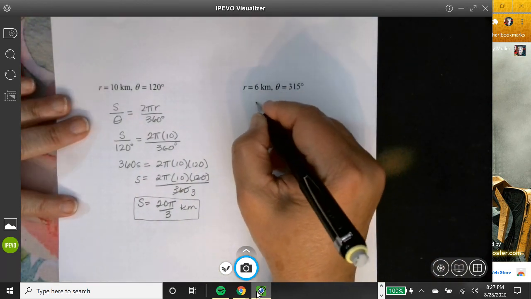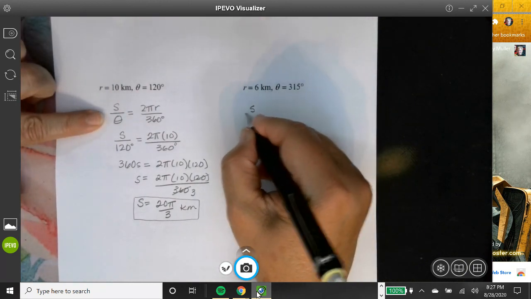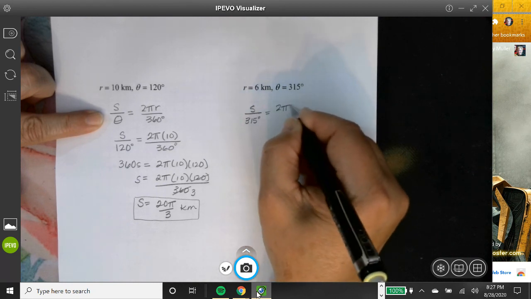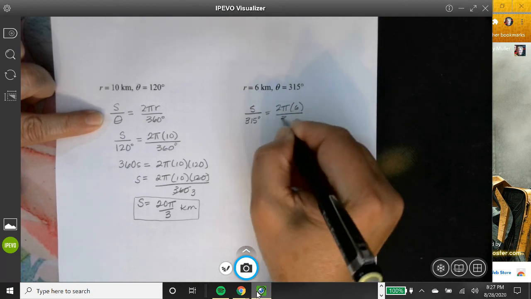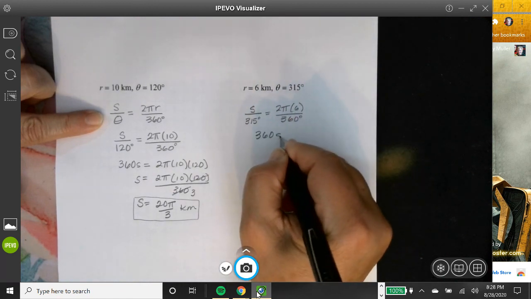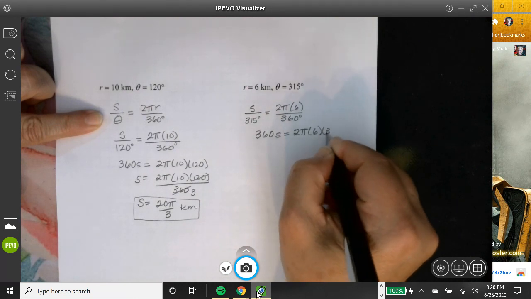Same situation. I'm going to just plug into this formula here. So I'm going to say S is to 315 as 2 pi times 6 is to 360. Cross multiplying, I get 360S equals 2 pi times 6 times 315.